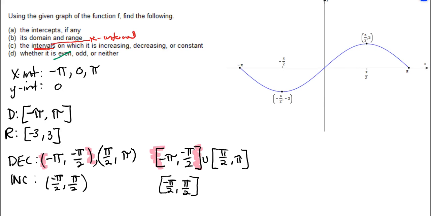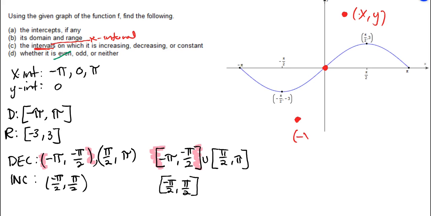So for origin symmetry, you want to have a mirror image over the origin where the x and y-axis cross each other. So for the origin symmetry, if you have a point, for instance x, y, you would have a mirror image of that point across the origin.